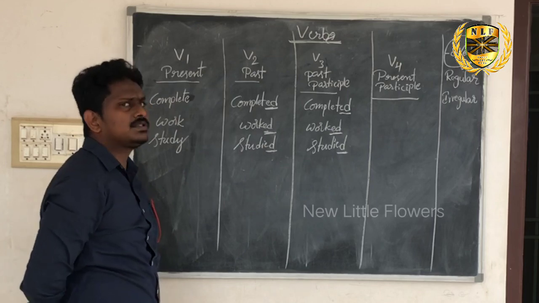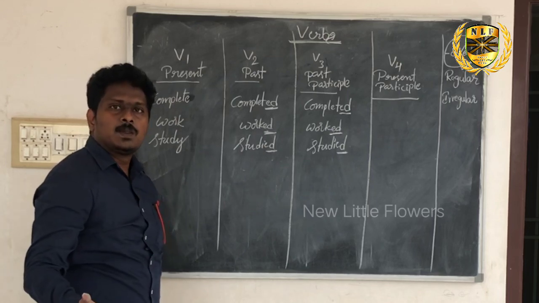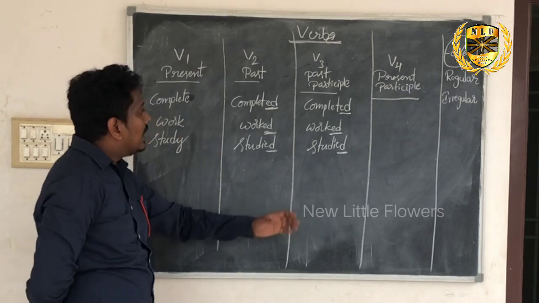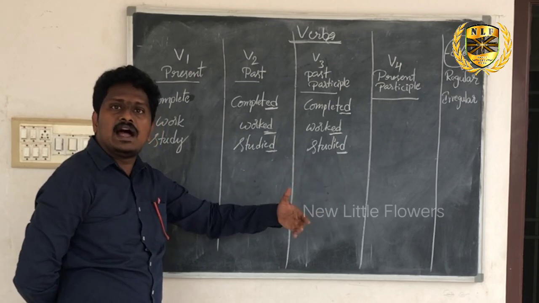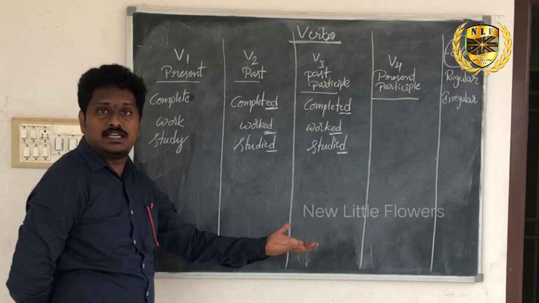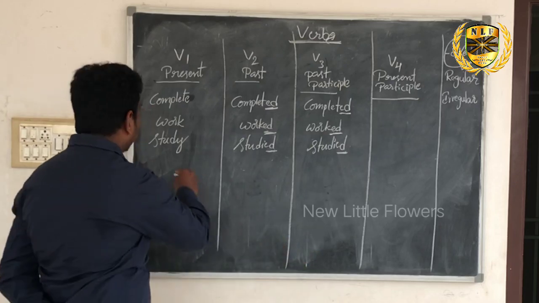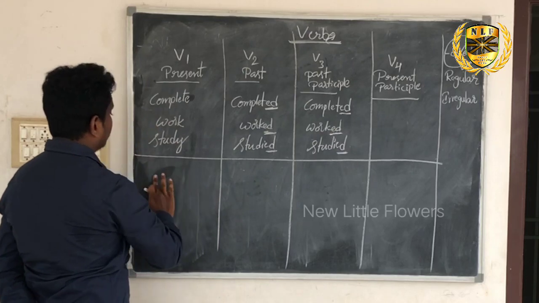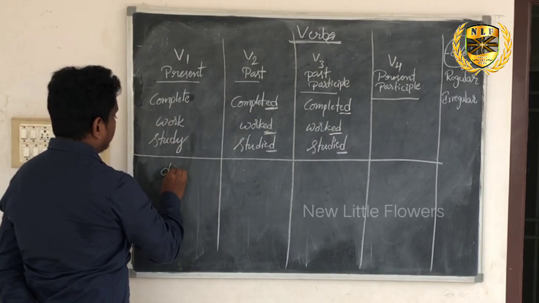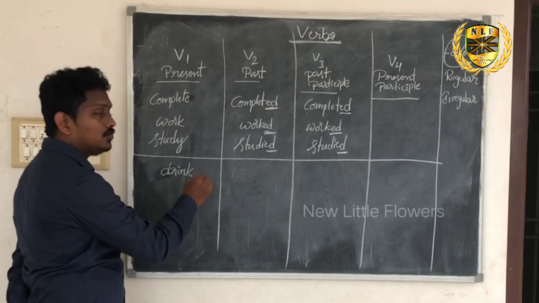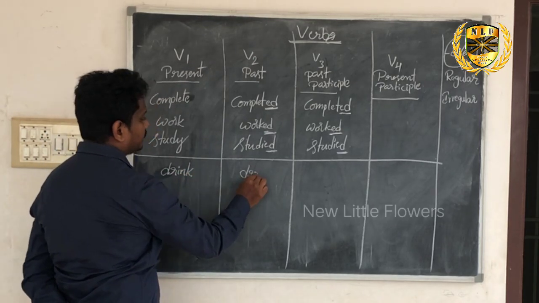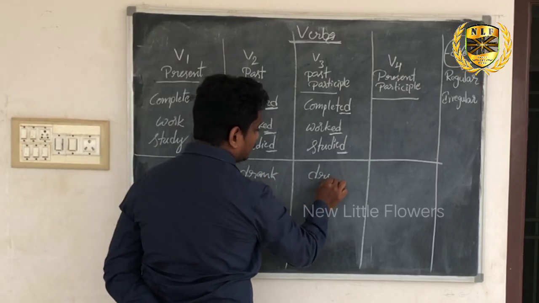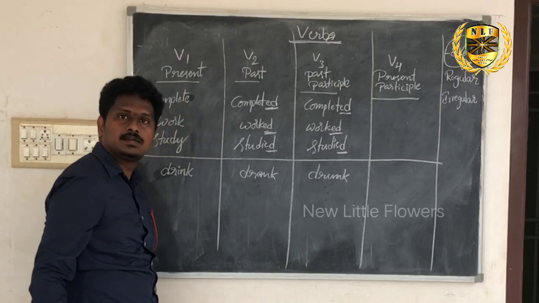What about irregular verbs? Just quite opposite. We cannot make the verb form 1 as verb form 2 and verb form 3 adding ed or d. We cannot make them. For example, drink, drank, drunk.